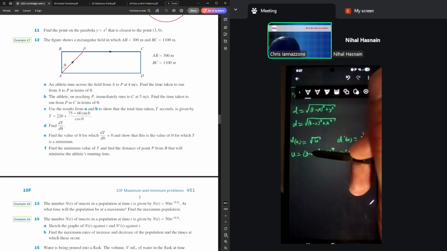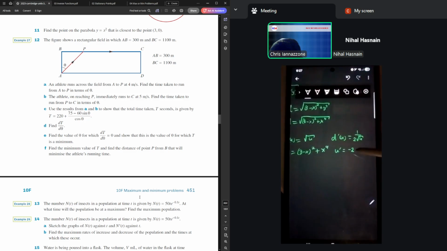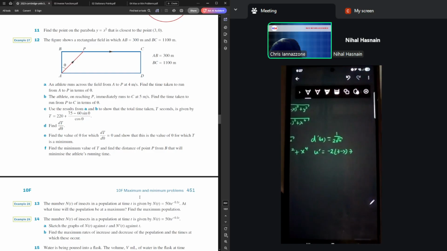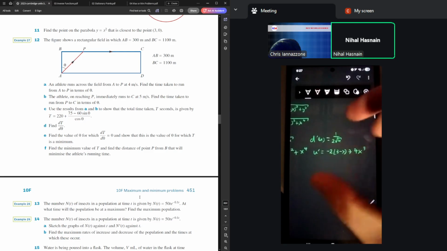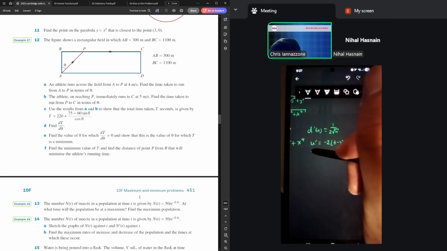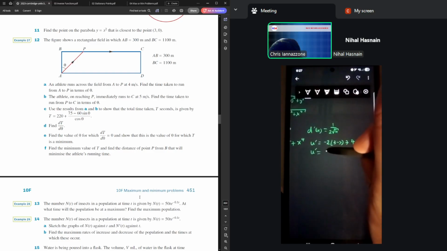The 2 goes out the front, the negative comes out the front, and then you've just got 3 minus x left over because that's reduced by 1. And x to the 4, that's the easy one, 4x to the third. Maybe just clean things up a little bit.